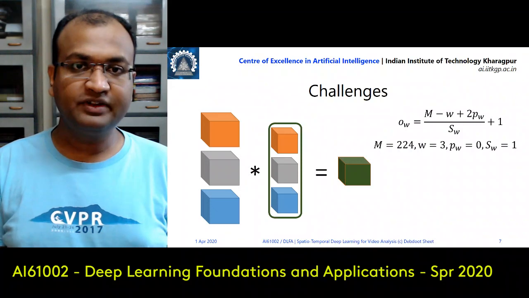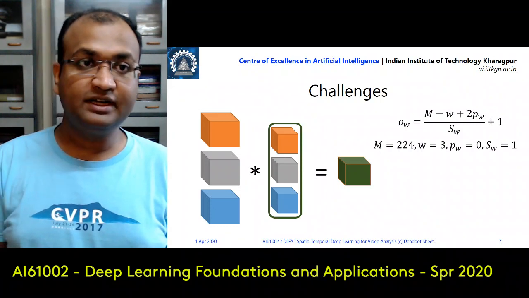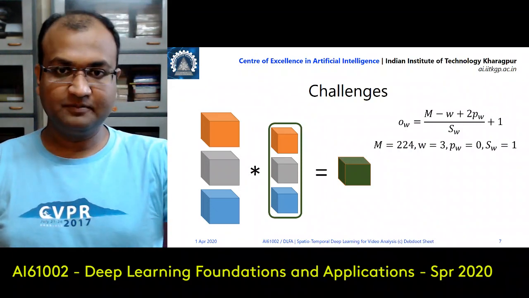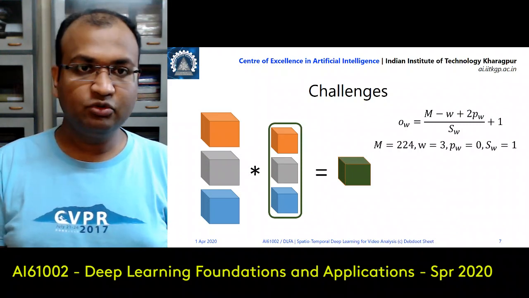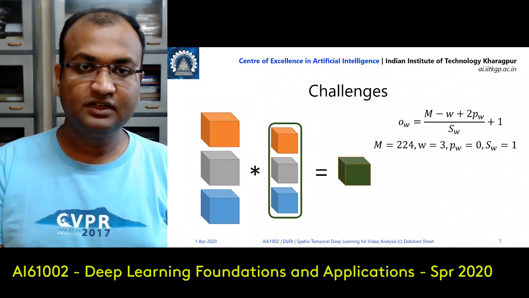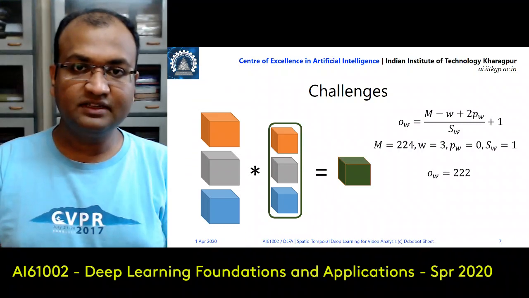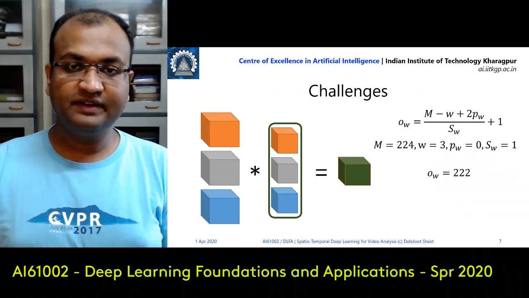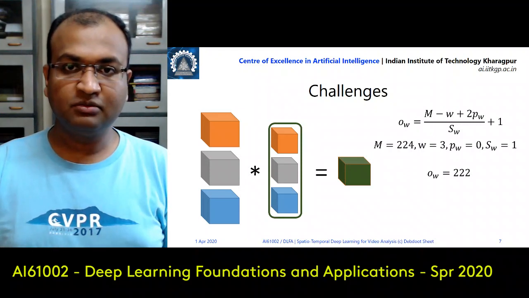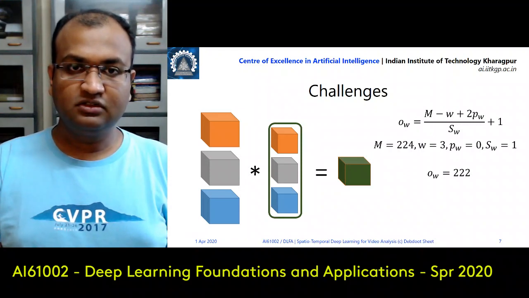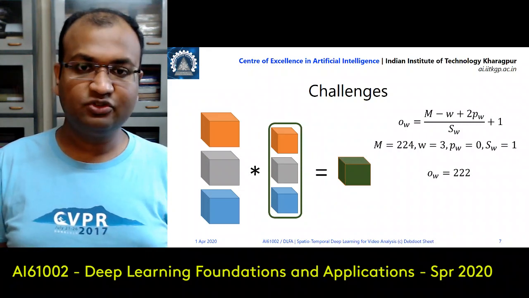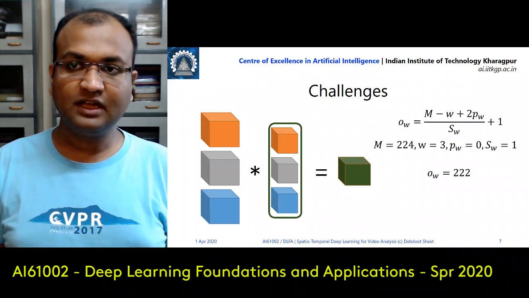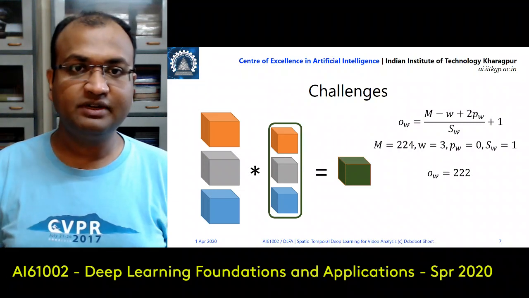And on top of it, I will also be having 224 time slices of this whole thing. And that's something I'm going to make use of over here. So now in a typical way, this OW is going to come out as 222. If I give an input tensor of size 224, my output tensor over there will be 222 elements.